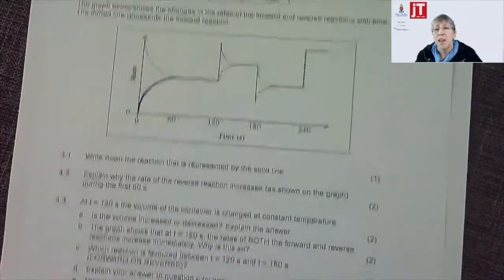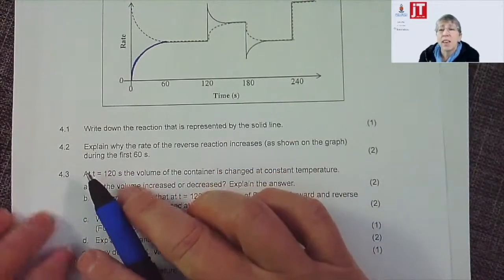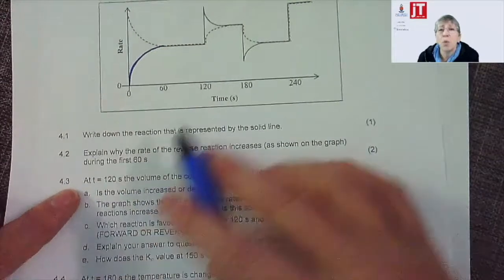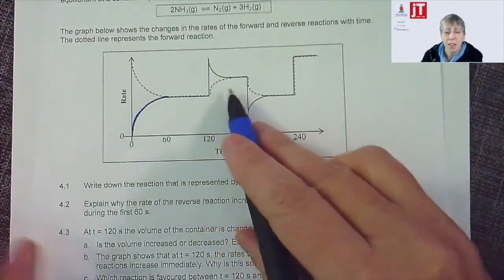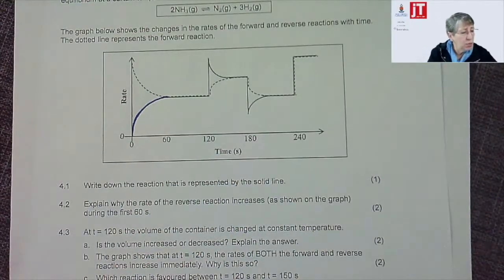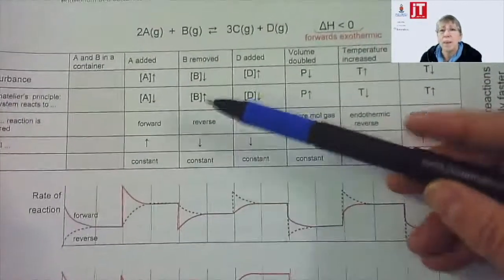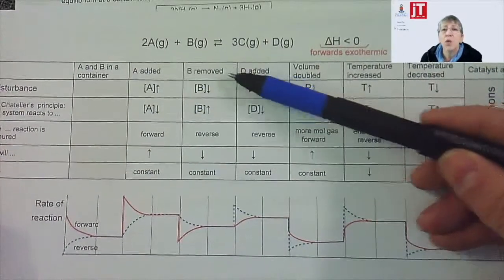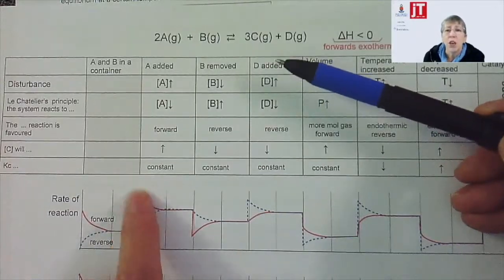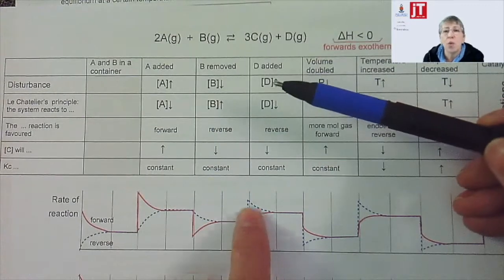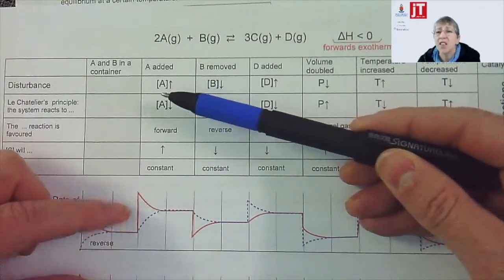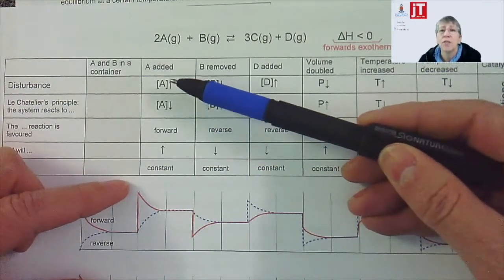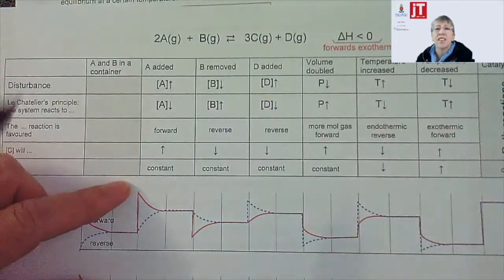Right. Next, we're being asked at time 120. Right, so I'm looking at 120. Now, when we look at this graph, let's just remind ourselves what we did in video 3. In video 3, we said, if we are adding or removing something, you just influence the rate of one reaction, right? If you add something, there's a reaction that's going faster. And who's going faster? The one that's using the things that I add, right?